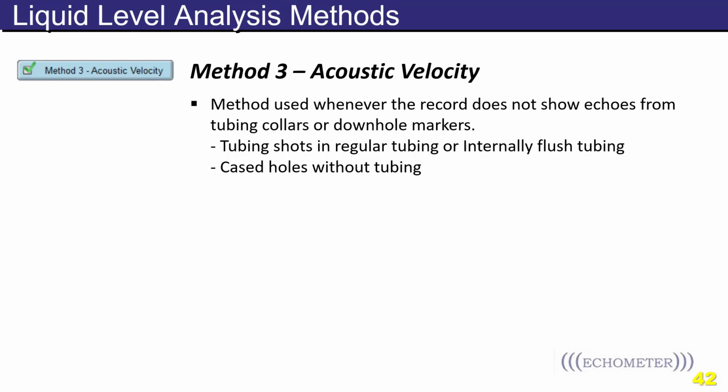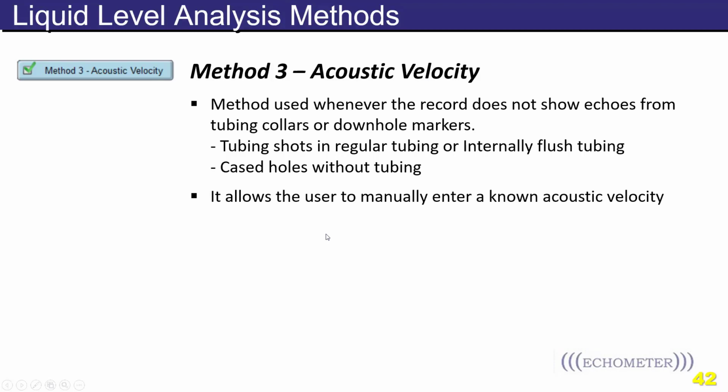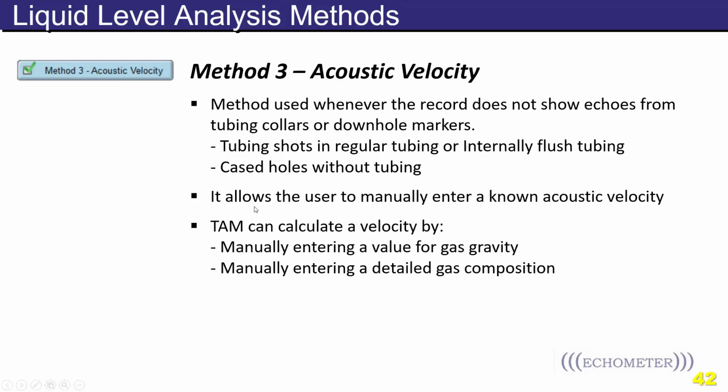The acoustic velocity method is used when you don't have good collar counts or downhole markers. It allows you to manually enter an acoustic velocity, or it allows the software to calculate the acoustic velocity based on an input of the gas gravity, or even more, a detailed gas composition.